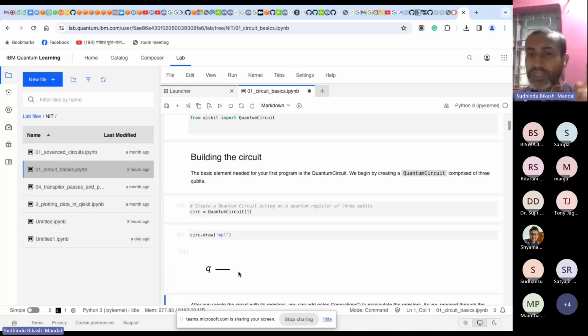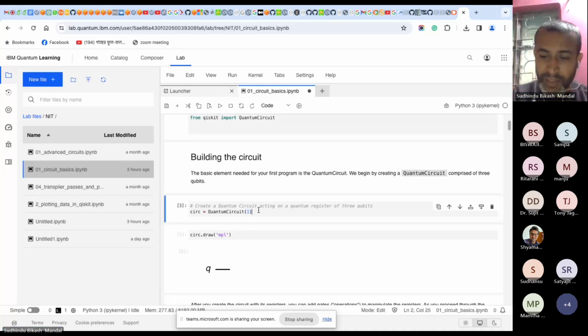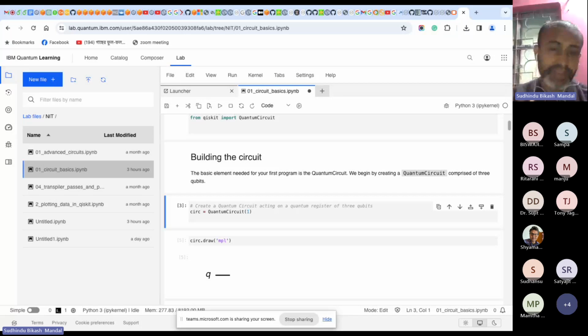Yeah, there is only a single qubit register there. I have not added any gate there, so this is a single qubit circuit like this. Now, suppose I want to put an X gate.